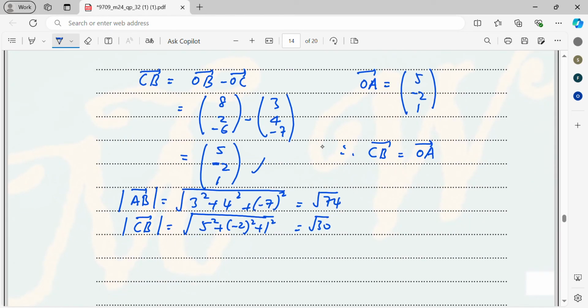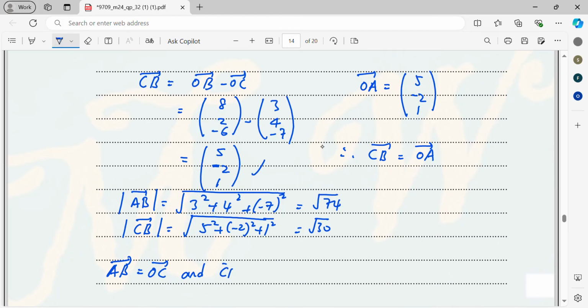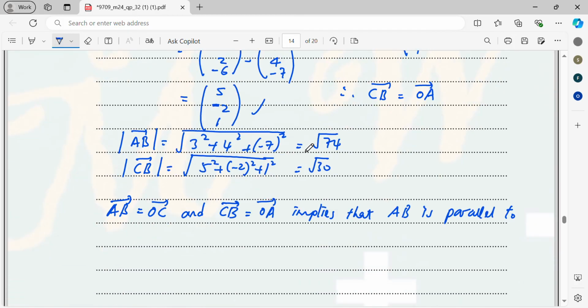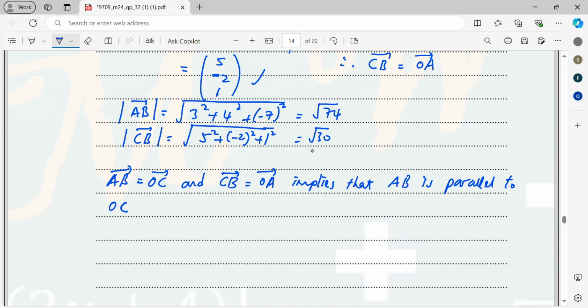Okay, so AB equals OC and CB equals OA. This implies that AB is parallel to OC, with length square root 74 units.